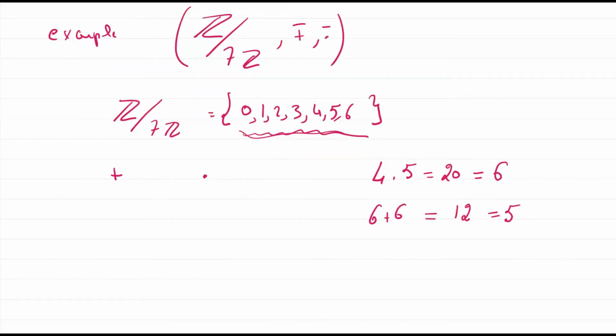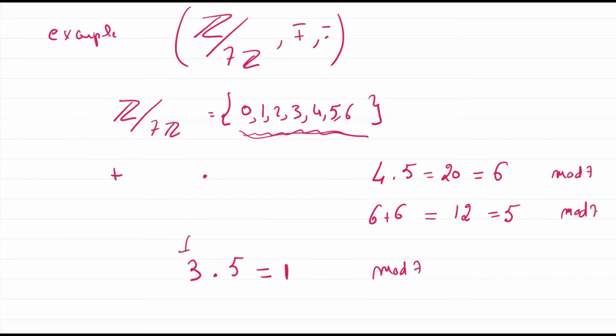Now, the last question of the last video was: I have an element and I want to know if it's invertible modulo n, and I want to calculate the inverse. How can I do it? For example, modulo 7, if I take the number 3, by what can I multiply 3 to get 1? I realize, in fact, that 3 times 5 is 15, which is the same thing as 1 modulo 7.